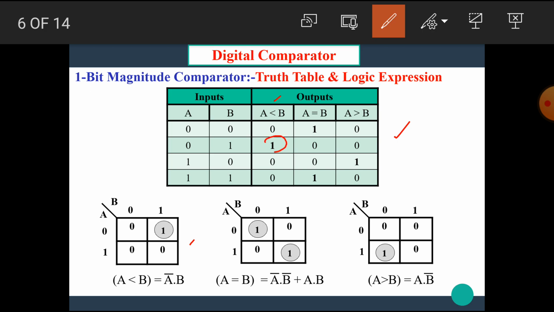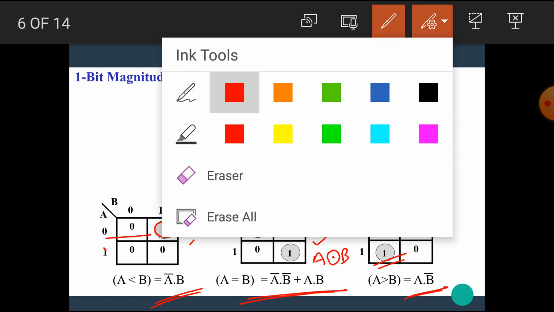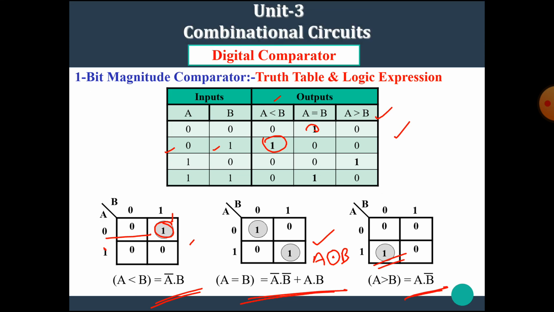Here we get the one when A equal to 0 and B equal to 1, and we get the equation according to this: A bar into B. Similarly, for A equal to B, we get the K-map like this, and we get the equation A bar B bar plus AB, that means A XNOR B. And for A greater than B, we get the equation A B bar. I hope you all understand how to find the equations here.